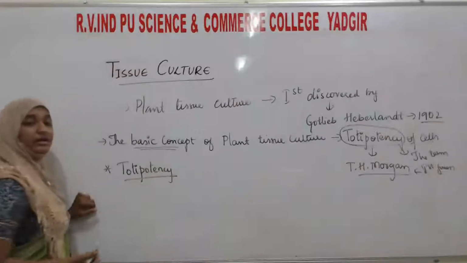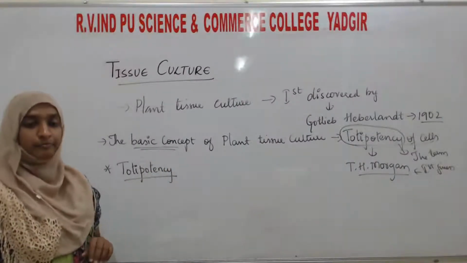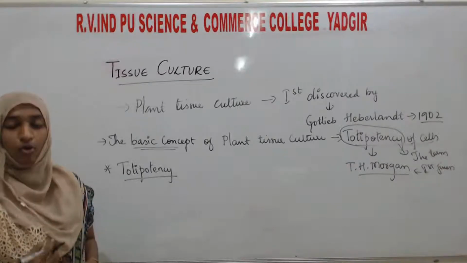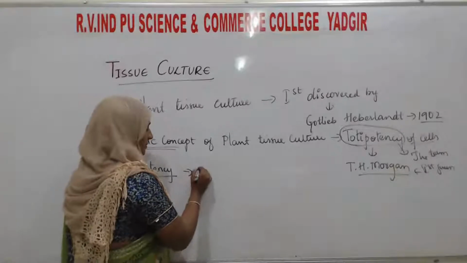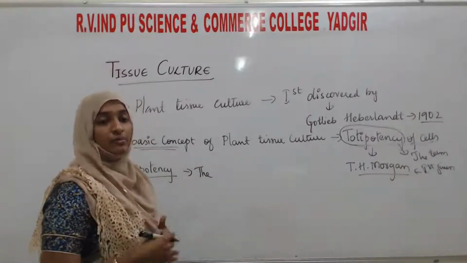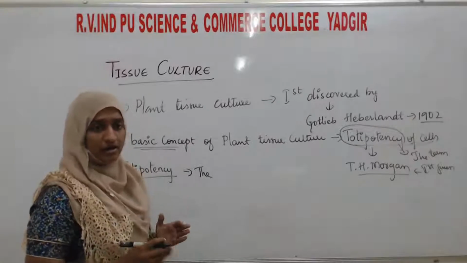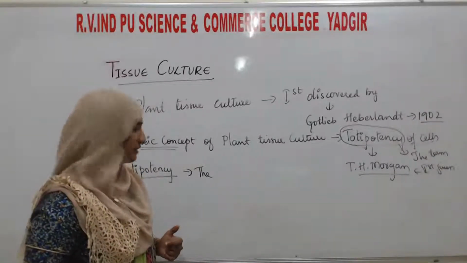This is also a very important question for 1 mark. Totipotency means the capacity to generate a whole plant from any cell or explant. The ability or capacity to produce a plant from any cell, tissue or explant.